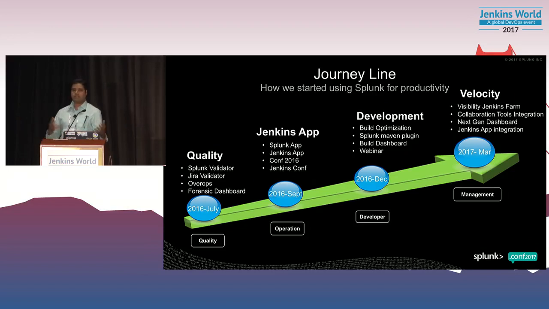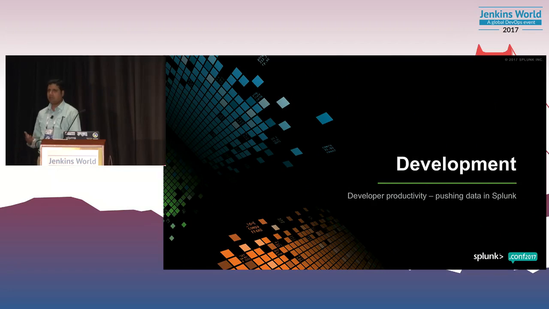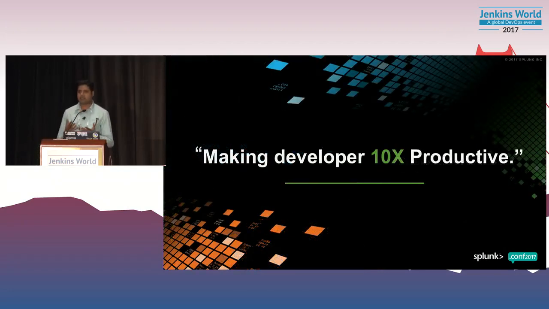Along with that, how other tools, take for example Git, JIRA, and Workday or the HR system, how we are combining them and getting a meaningful outcome. The first journey is about development, how we made productivity enhancements in development. And this was our goal: how can we make a developer 10x productive?